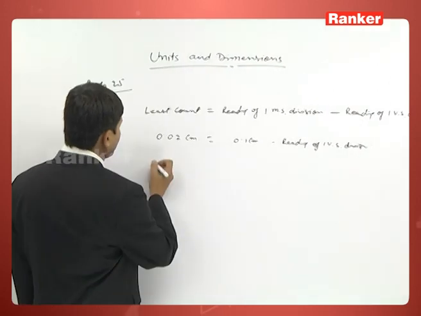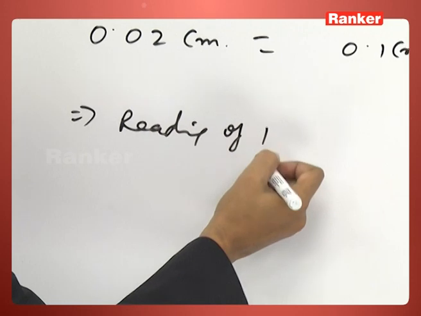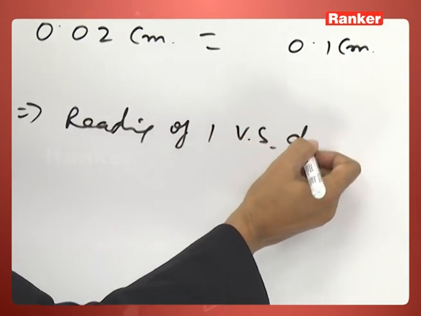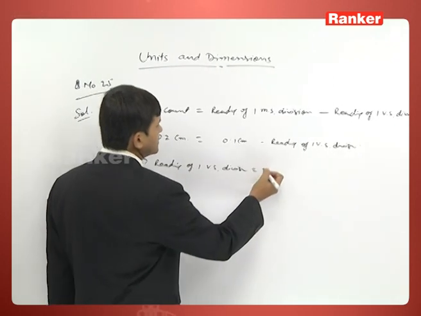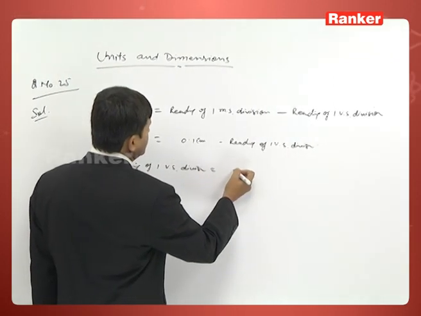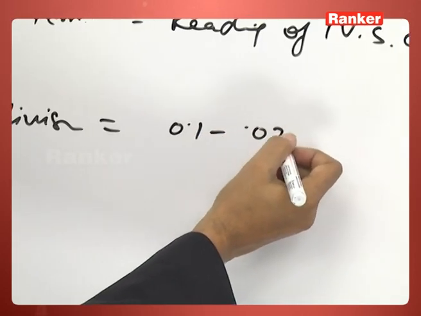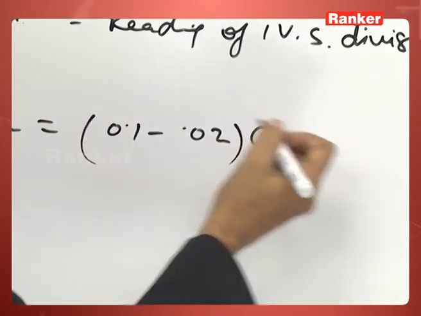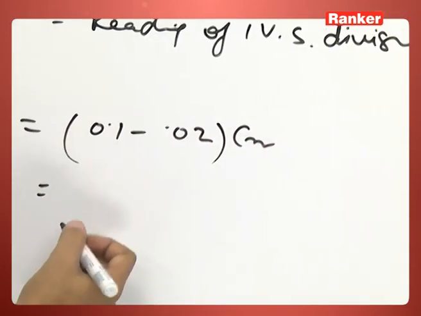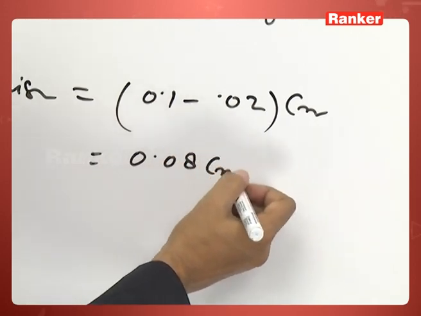See, so the reading of one vernier scale division is equal to 0.1 minus 0.02 centimeter. So, this will be 0.08 centimeter.